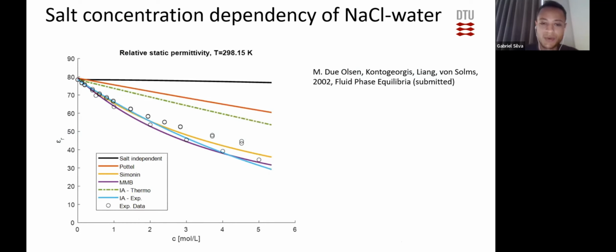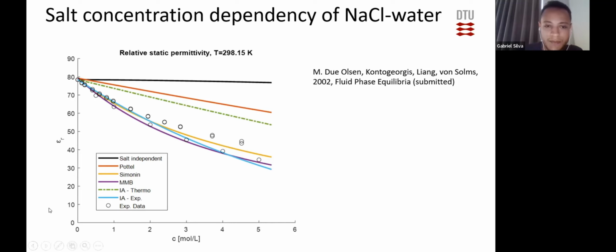Sorry, I don't know what he would say in this plot, but one thing that I find interesting is that we have some models that actually capture quite well the relative static permittivity of not only NaCl water, but many other models.